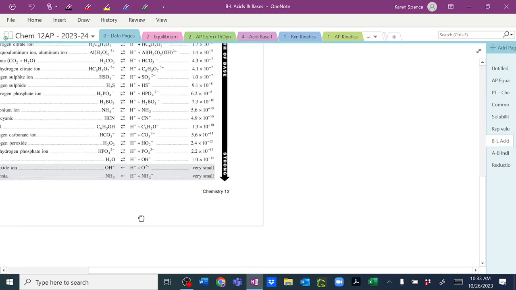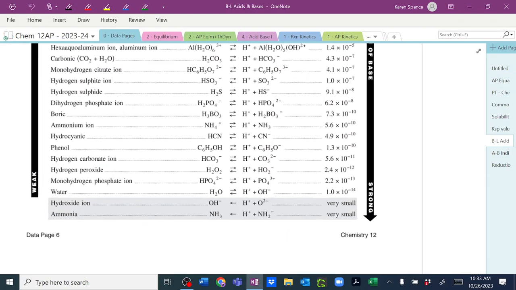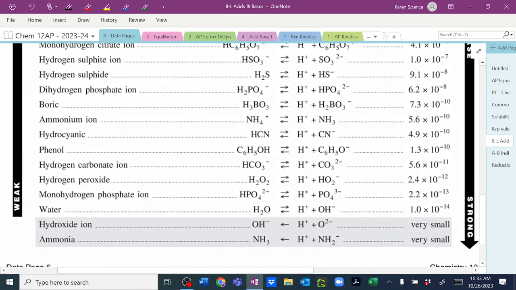On page 5, so your pink sheets, get your pink sheets out. Pink sheet, page 5. If you don't have a pink sheet, there are some extras up there.